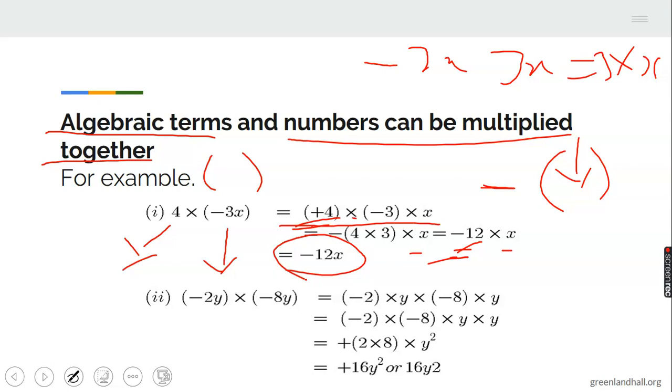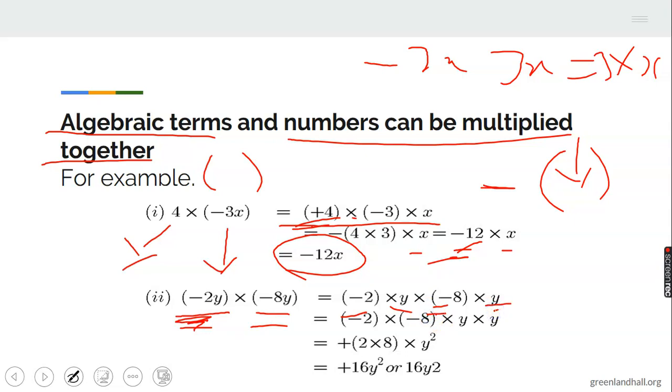The same thing here, we have 2 negative terms multiplying each other. Now, we have minus 2y times minus 8y. We use this bracket to make it simpler so that it will be clearer to you. Now look, you just split this one into 2, minus 2 times y, like what we have before, then minus 8 times y.